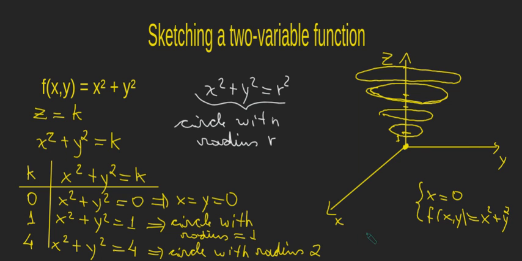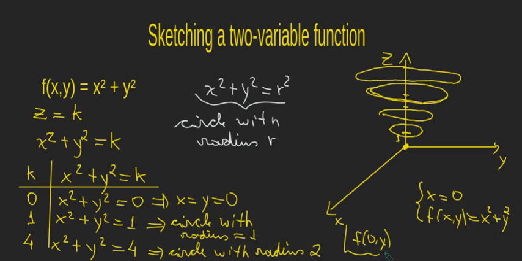Okay, so as I know that x is 0, in the place of x I will put 0. So now I just have f of 0, y.